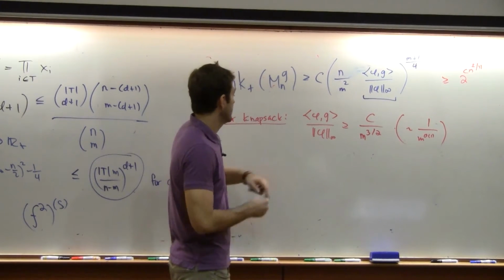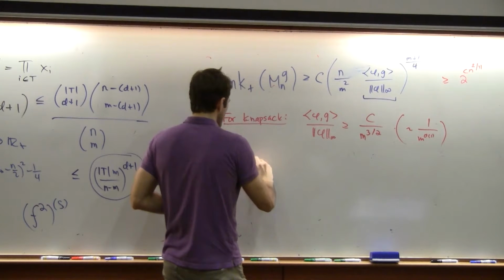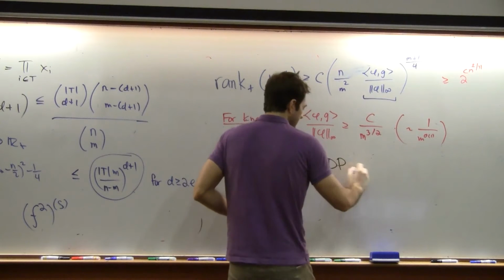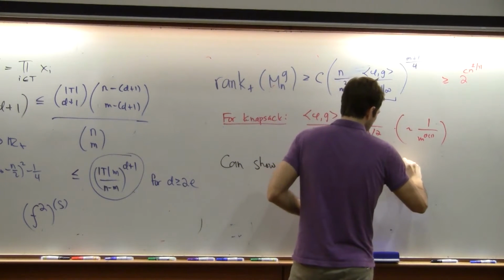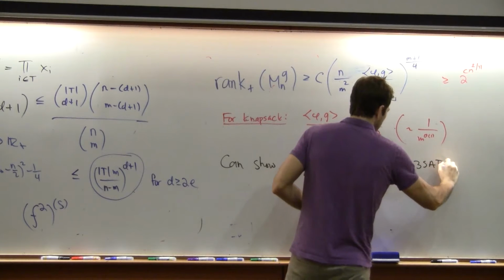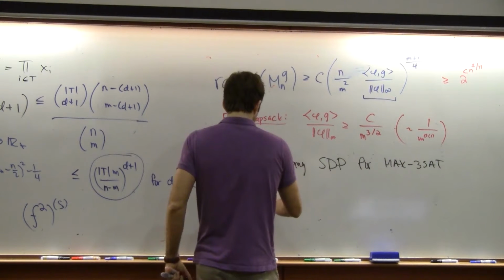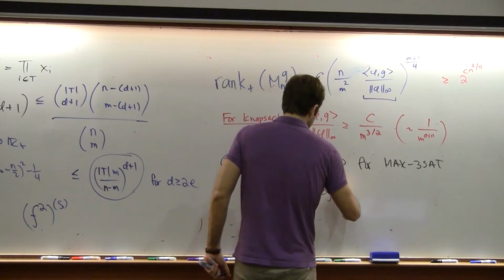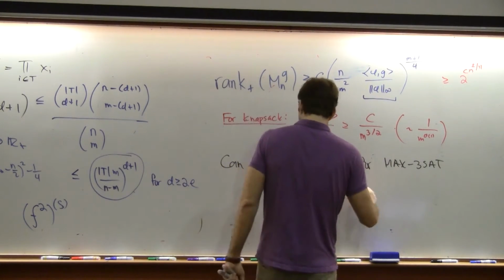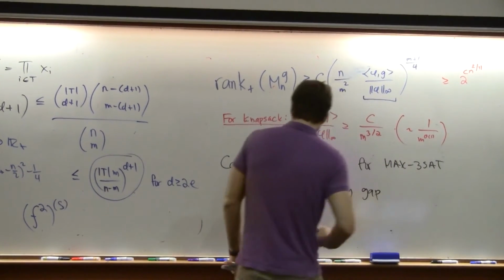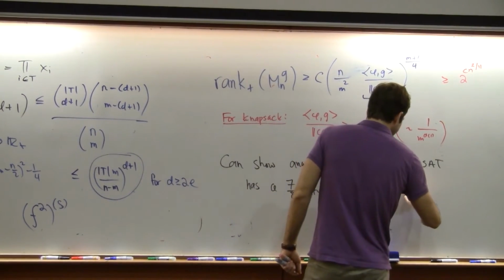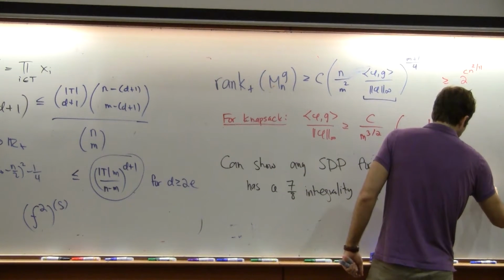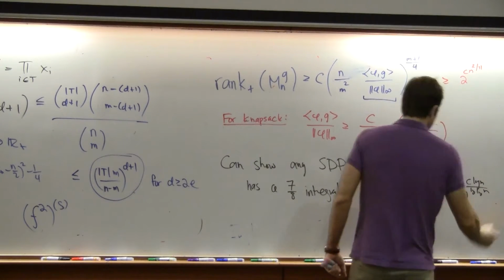The issue there is that, for instance, you can show that any SDP in the model we've been discussing, say for max 3-SAT, has a 7/8 integrality gap, the trivial integrality gap, unless it has size which grows super-polynomially. So n to the constant log n over log n.